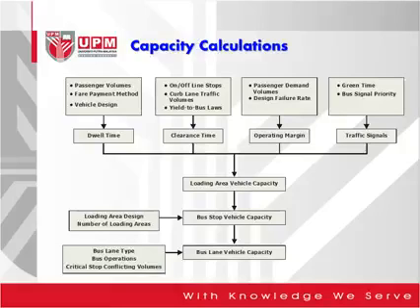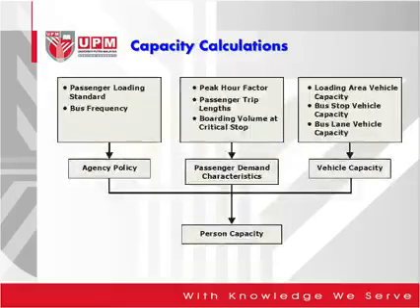So this slide explains generally how we are going to change the factor levels in order to maximize the capacity for the bus lanes. And this slide explains the factors that influence the person capacity. So there are 3: agency policy, passenger demand characteristics, and also the vehicle capacity. The first factor, agency policy, depends on the policy.